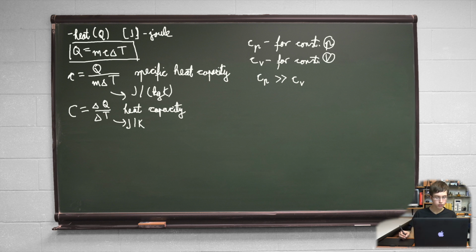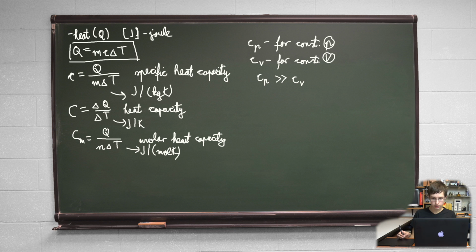So molar heat capacity, big C small m, is the proportion of Q, heat, over the product of amount of substance and change in temperature. It is measured in joules per mole Kelvin.